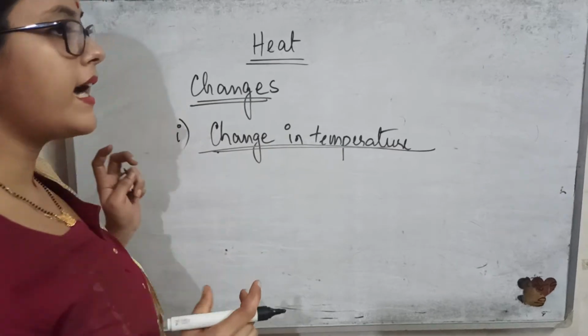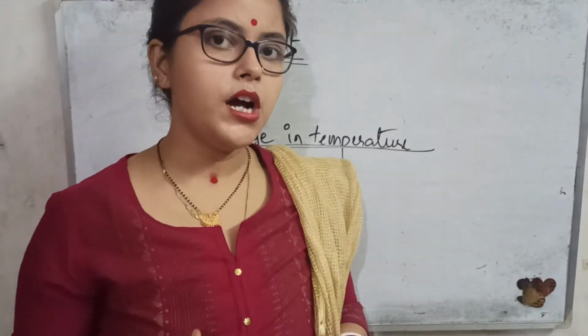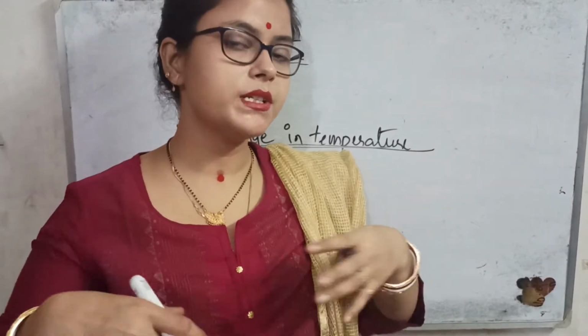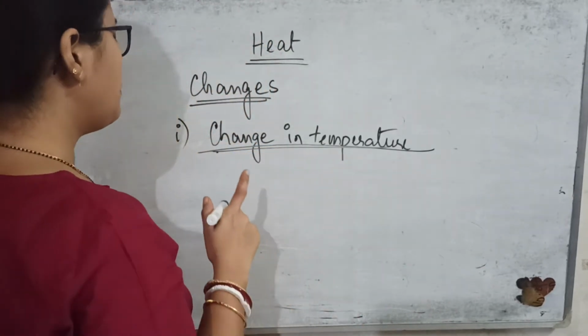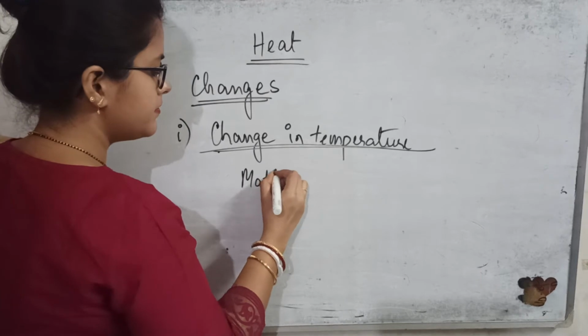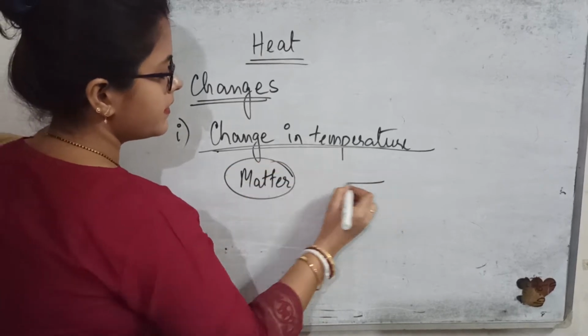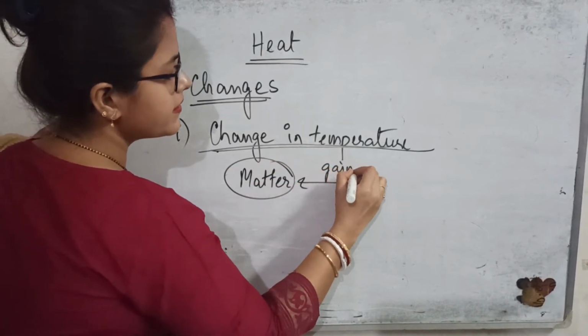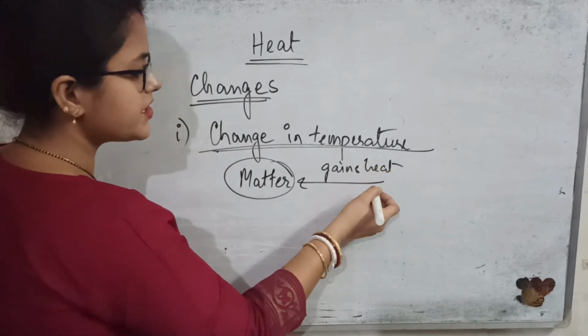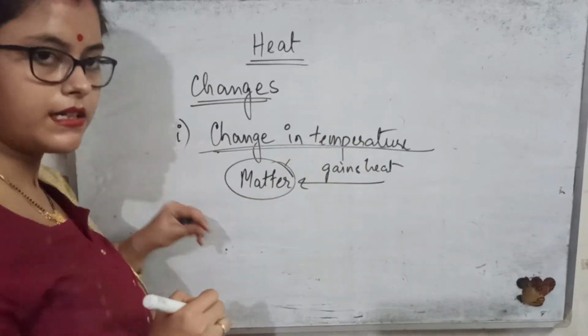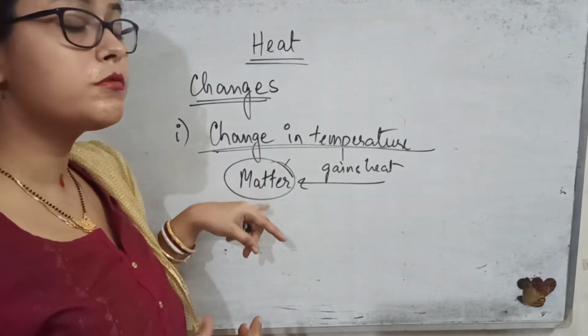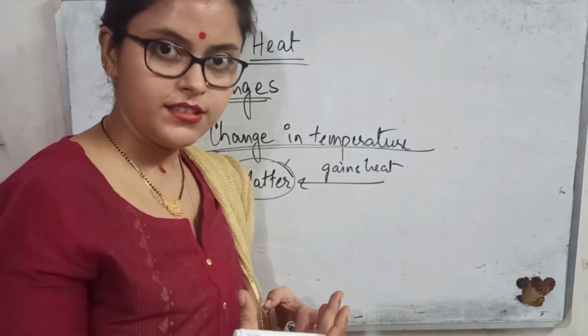We have learned that any state of matter has molecules in it and they are always in continuous random motion. And when a matter gains heat, that means heat energy is getting transferred to that state of matter, what will happen? The molecules will start vibrating faster, right?